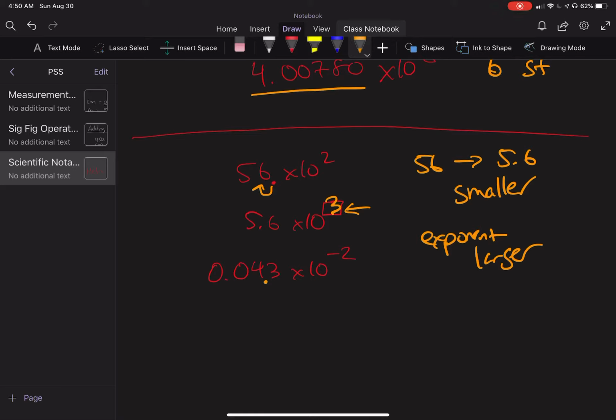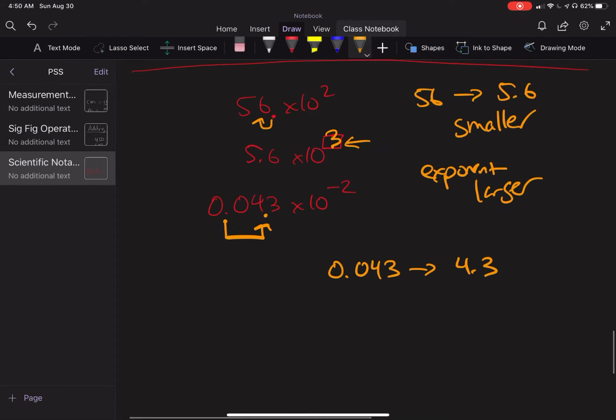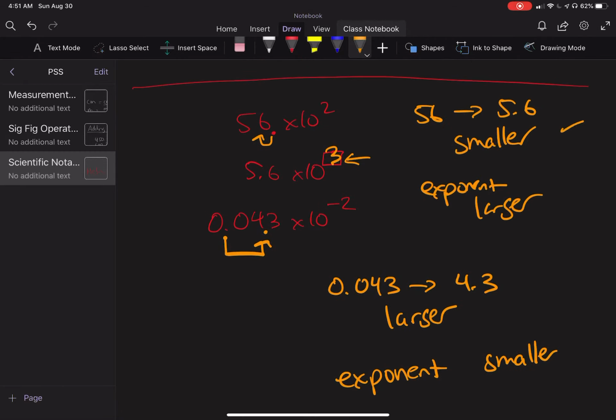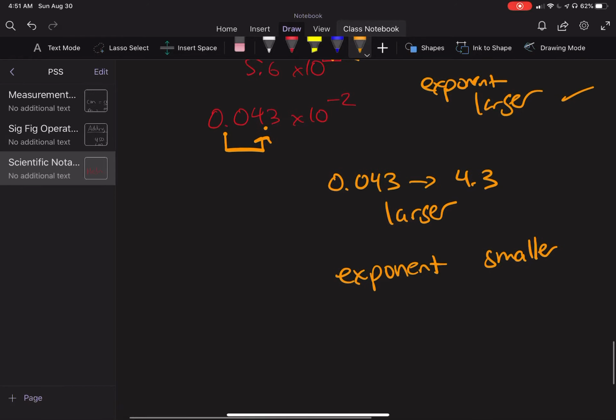So to move it from its calculator given location, between the zeros, over to between the 4 and the 3, going from 0.43 over to 4.3, you're making that number larger. So the exponent, you're going to want to make smaller. If you make one larger, you make the other smaller. If you make the regular number smaller, then you make the exponent larger.